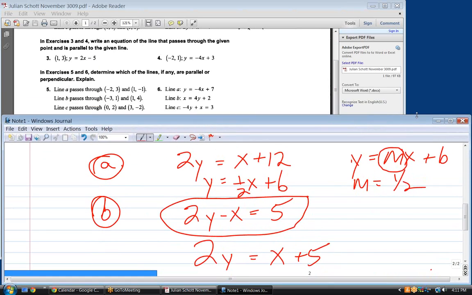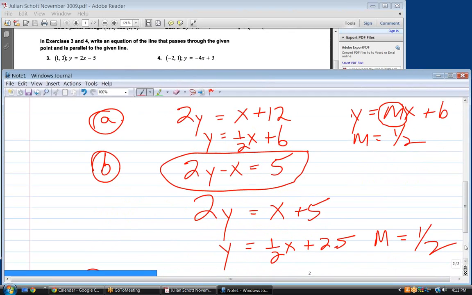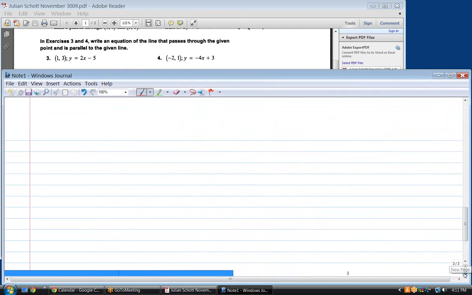All of these are extremely fundamental algebra problems. This is almost the most fundamental thing you can do with an algebra problem: I'm going to give you the slope and 1 point, and I want you to give me the equation of that line.